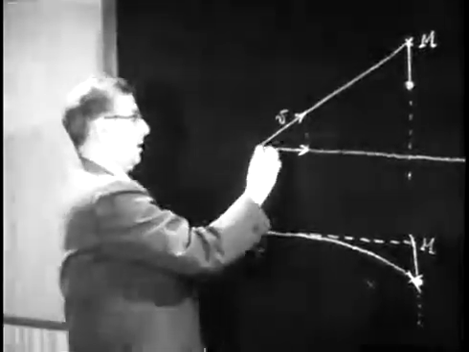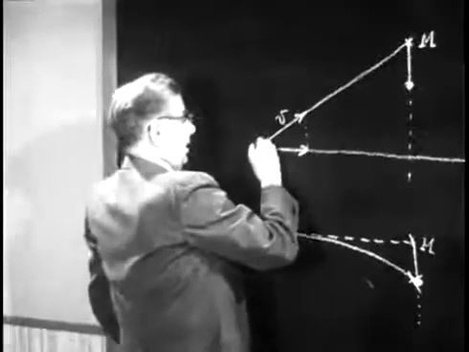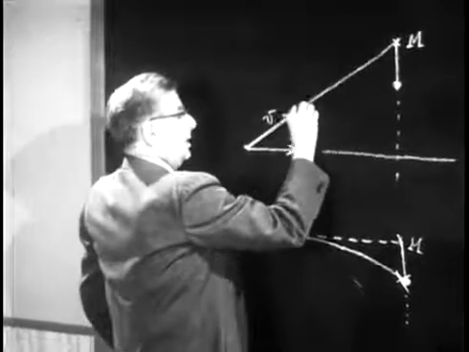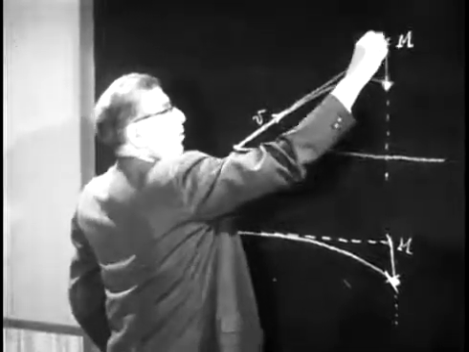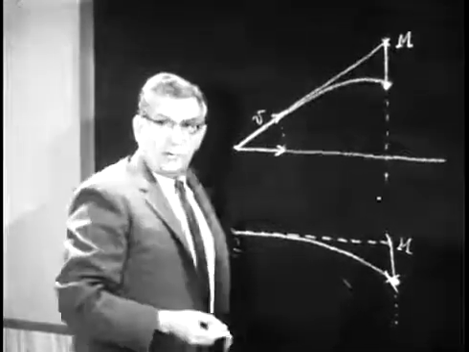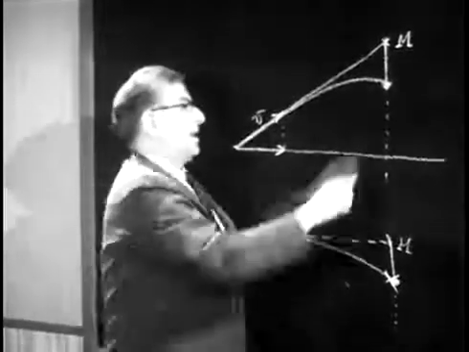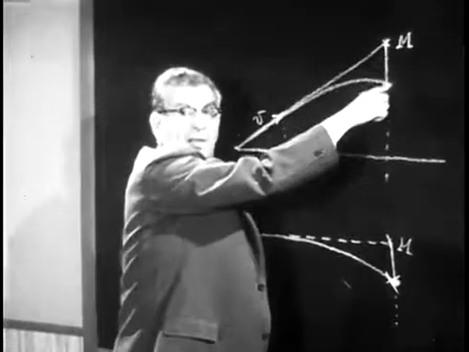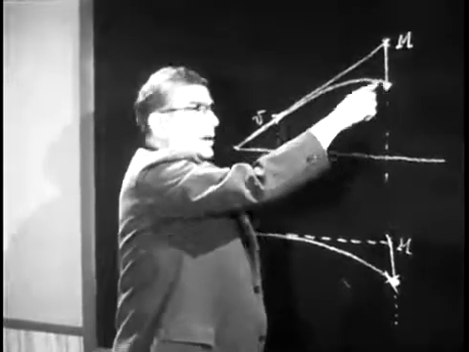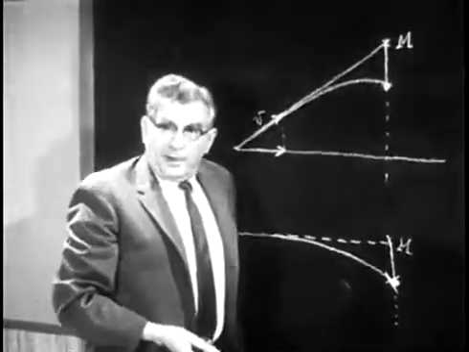In the same time, then, the bullet will follow a path something like this and will end up below this point, which it would have reached without gravity, at a distance below it just exactly the same as the distance the monkey's fallen. So you still get a hit.